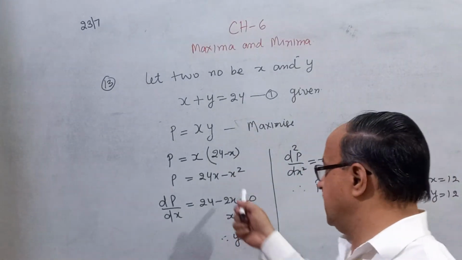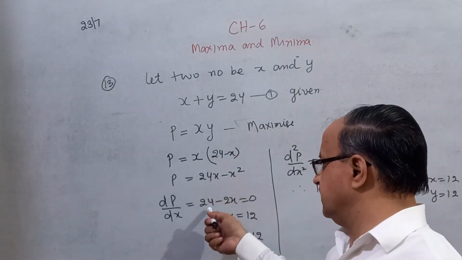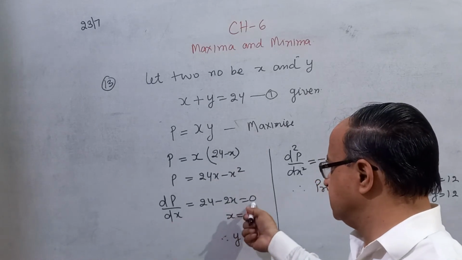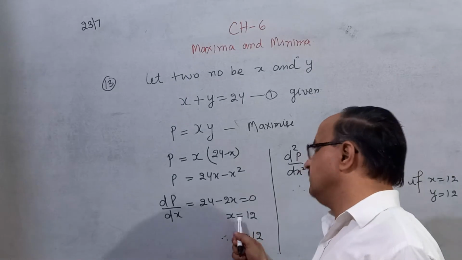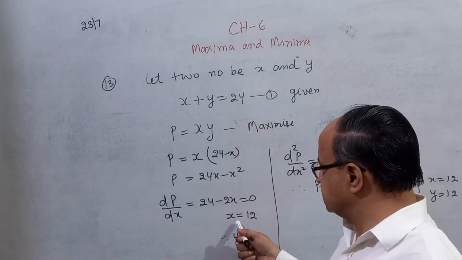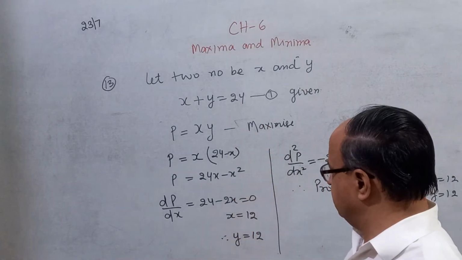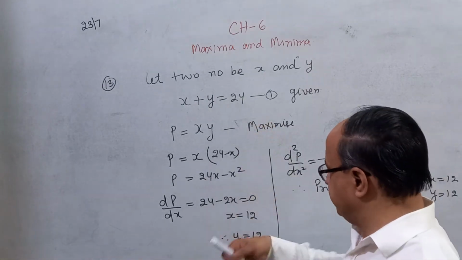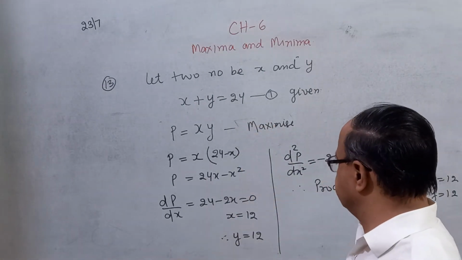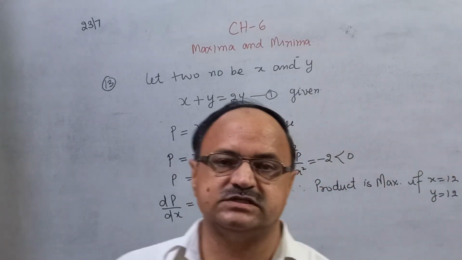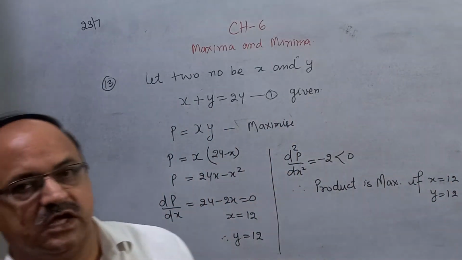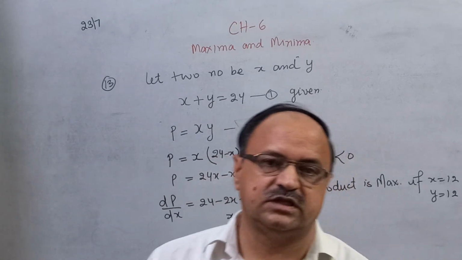After differentiation, put the first order derivative equal to 0. Find the value of x and put this value in the given to find the other. After that, find its second order derivative. If it is less than 0, then maximum, and if it is greater than 0, then minimum.